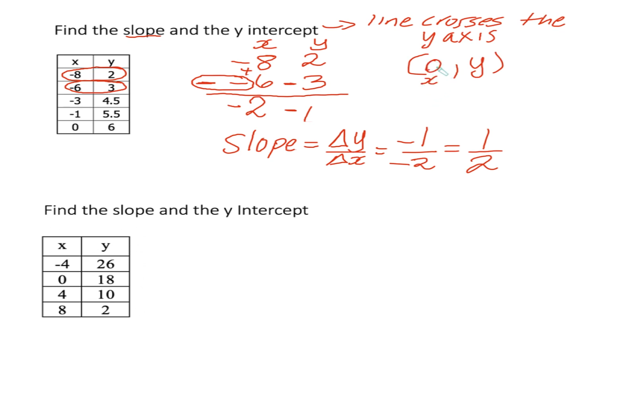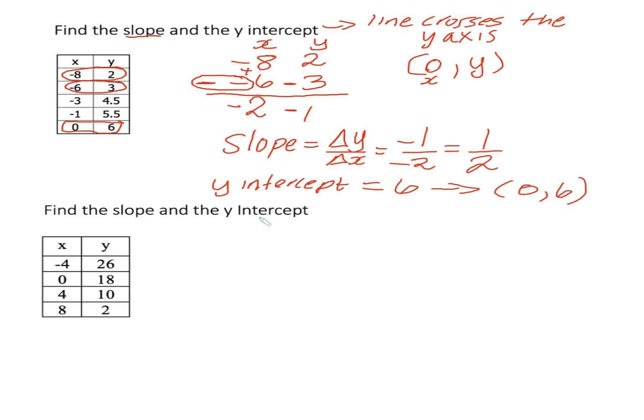So I'm going to go in my table to look to see where x is 0. X is 0 right here. So my y-intercept is 6. And if you want to write it as a point, it's (0, 6).